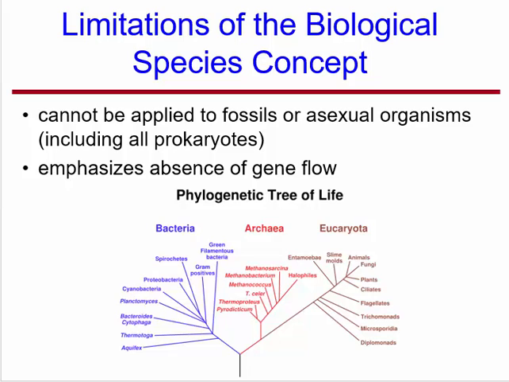Organisms that reproduce asexually are not covered either, because the biological species concept is all about sexual reproduction. The emphasis is gene flow, and there may be other ways to look at genetic exchange in these other kinds of organisms, certainly not in fossils. And so we really need some other tools.